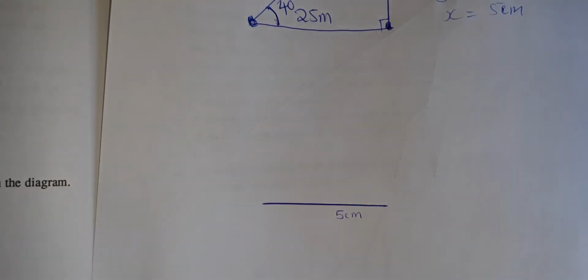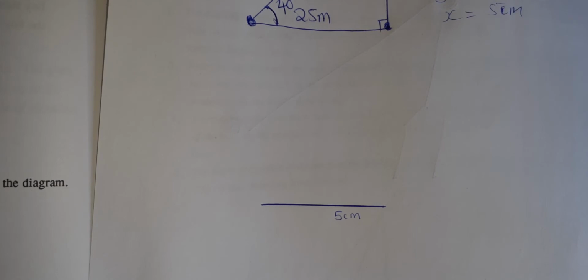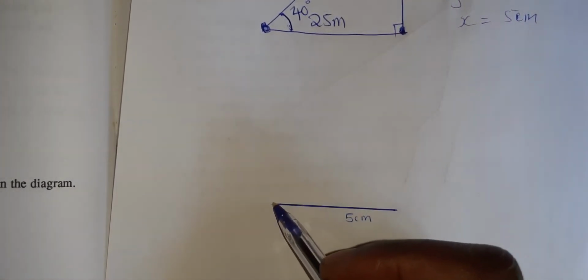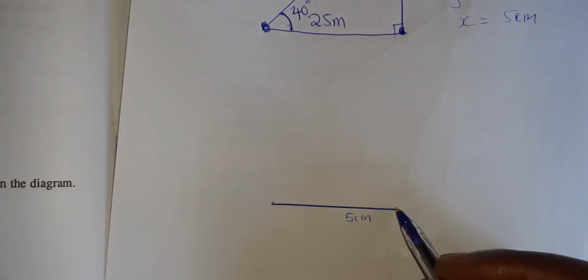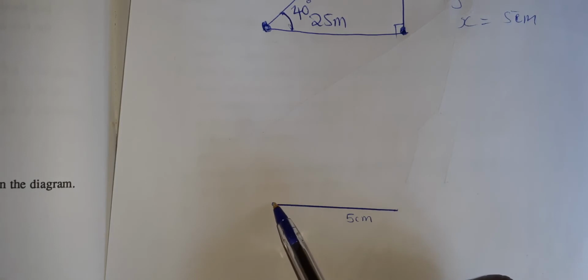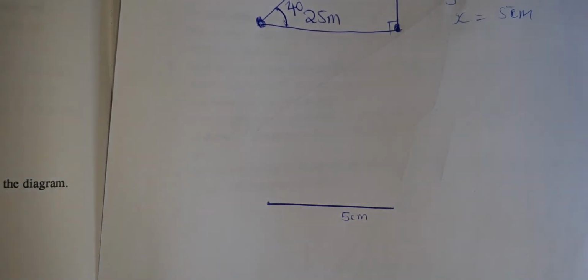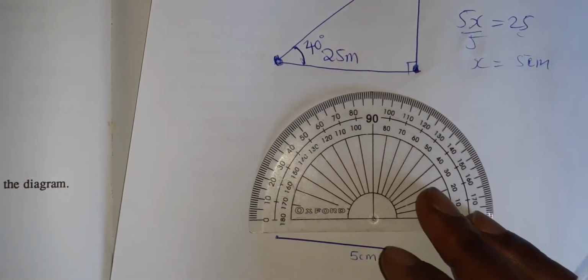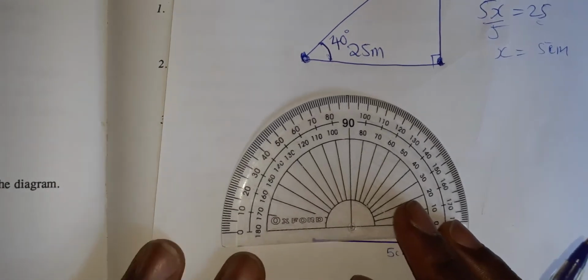Then, what are we saying now? We need to measure, because the tower is this side, the angle of elevation here.